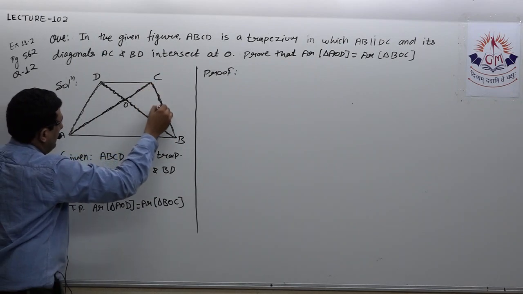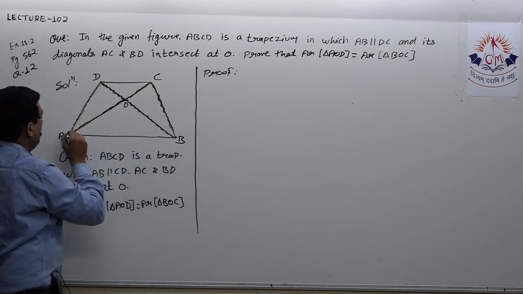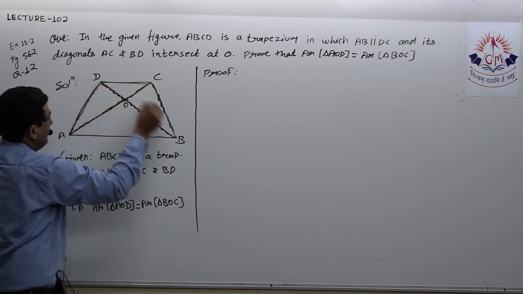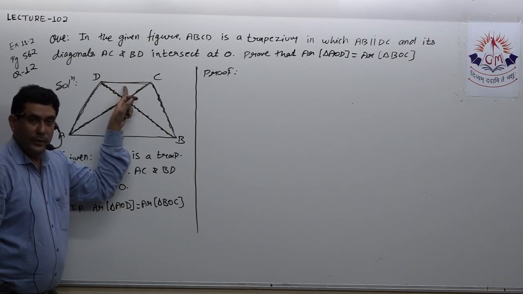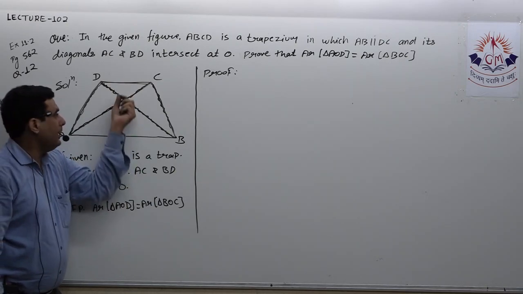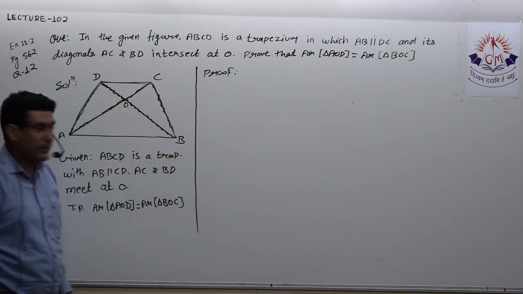Now here you can see triangles ADC and BCD are on the same base DC and between the same parallels, so they will be equal in area. Subtracting area COD from these two, I will get my required result.